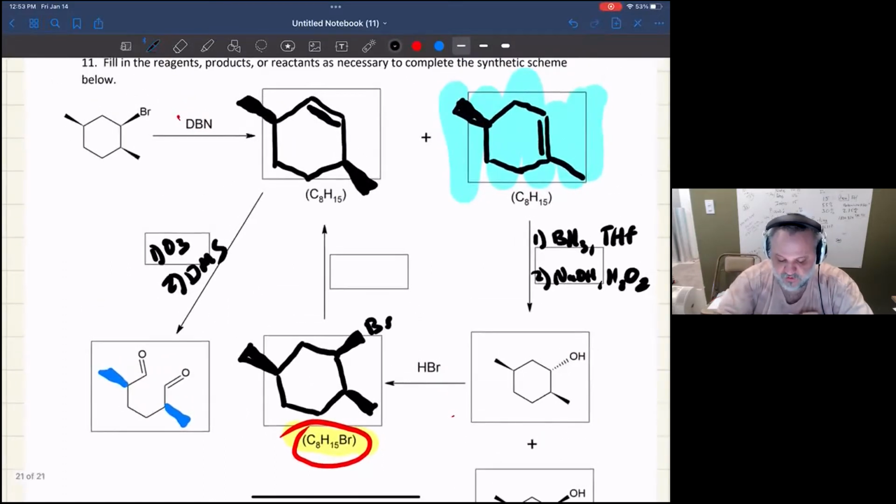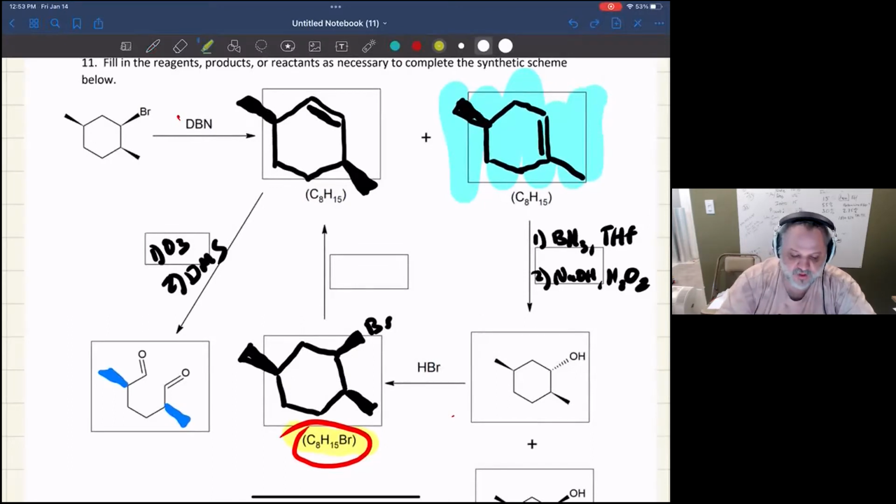Okay, and now one last thing. How did I get from here to here? That's the last box that we need to figure out. I already know the product, so hopefully now you see why you had to get everything correct, because I do want to specifically eliminate the bromine to form a double bond.